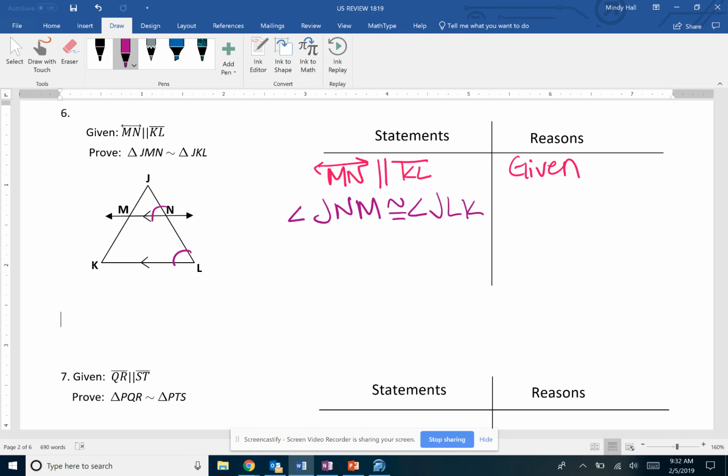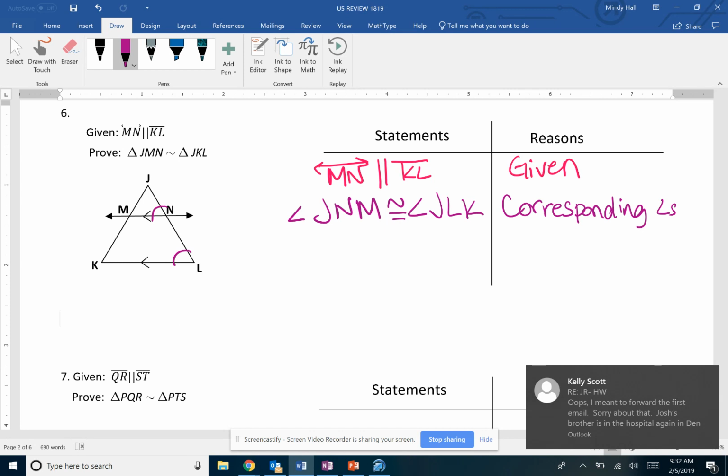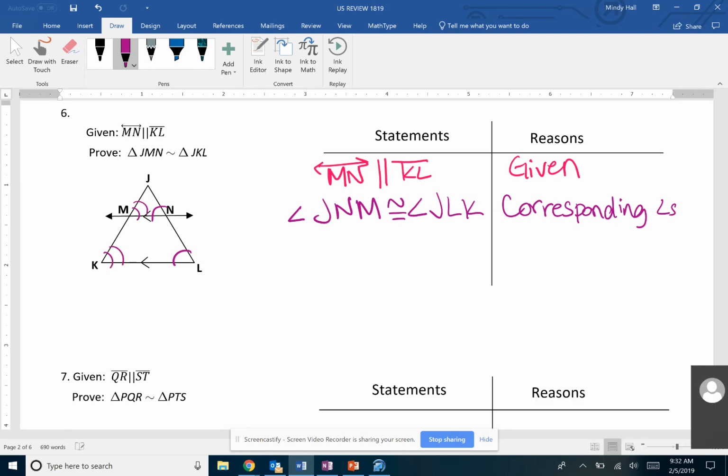Personally, if I start with 3, I like to end with 3 too. But I don't think it actually matters if you were to just put angle L. But that is corresponding angles. And then we do the same thing, except we have angle JMN is congruent to angle JKL. And again, corresponding angles.